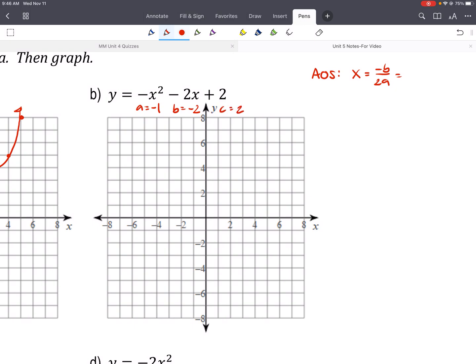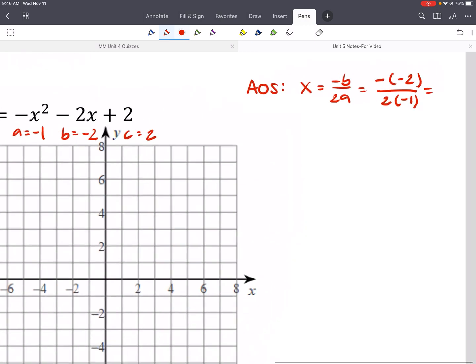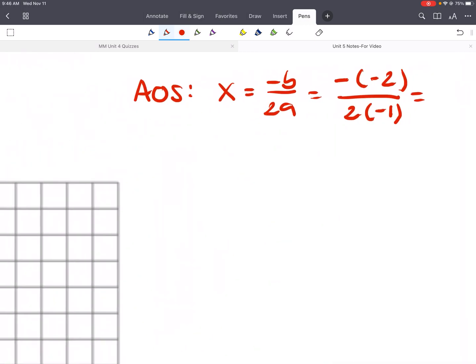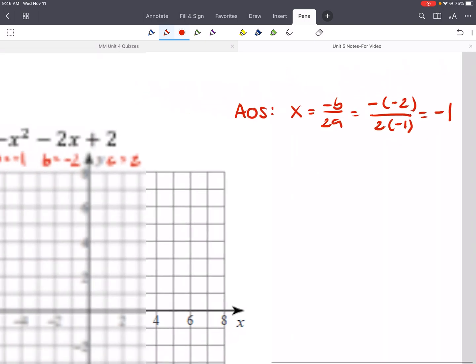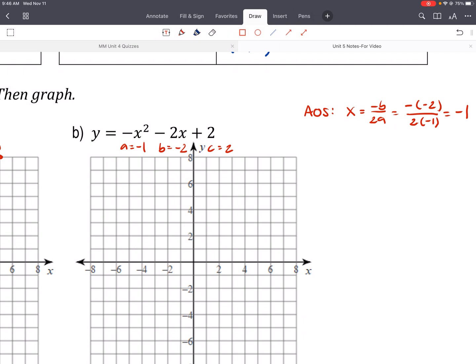We plug that in: minus a negative 2 all over 2 times a, and a is negative 1. On the top we end up getting a positive 2 divided by a negative 2, which gives us negative 1. So our axis of symmetry is negative 1, so maybe we'll plot that.